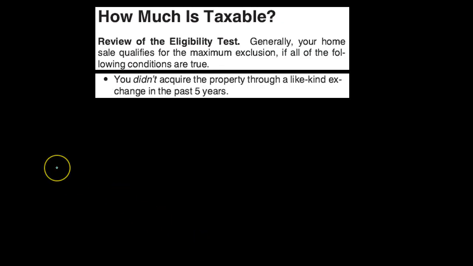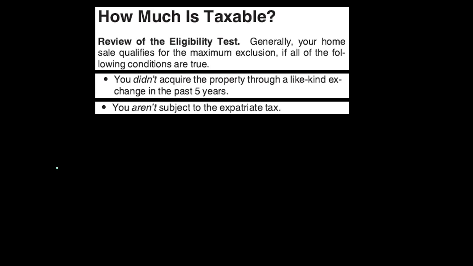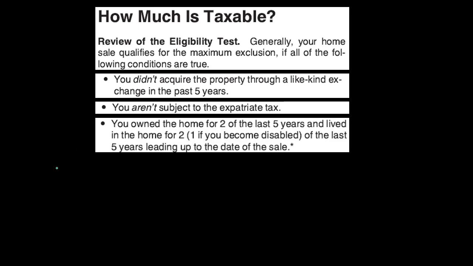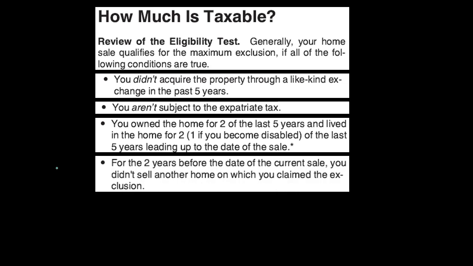Back to the text. You didn't acquire the property through a like-kind exchange in the past 5 years. You aren't subject to the expatriation tax. You owned the home for 2 of the last 5 years and lived in the home for 2, 1 if you became disabled, of the last 5 years leading up to the date of sale.